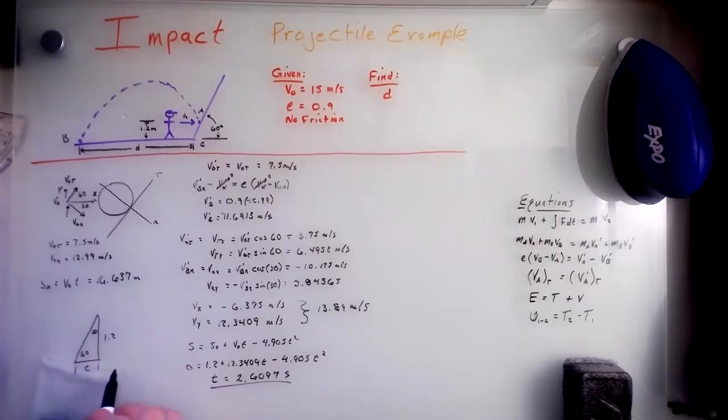So the sine of 60 over 1.2 is equal to the sine of 30 over c. So c is equal to 1.2 times the sine of 30 over sine of 60.